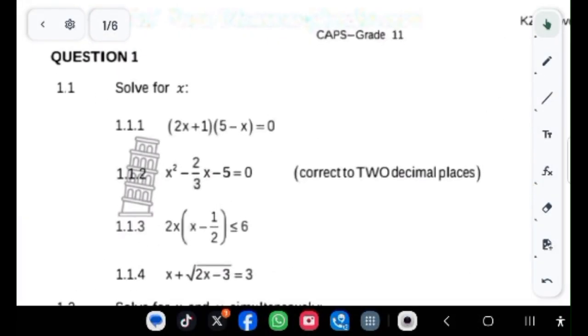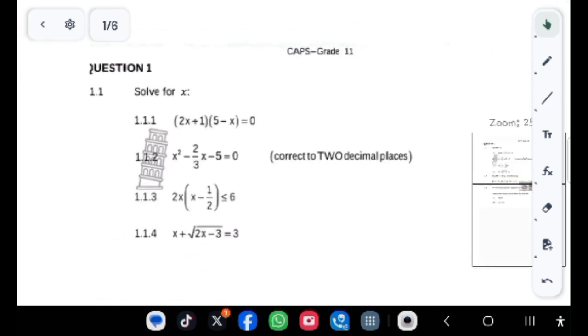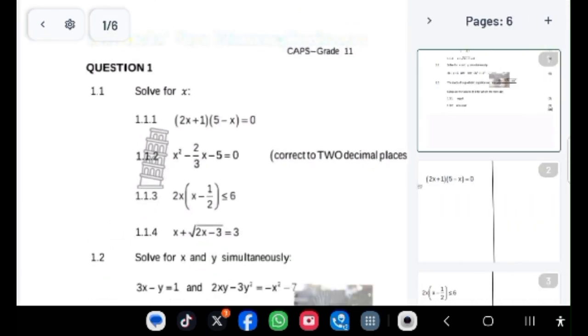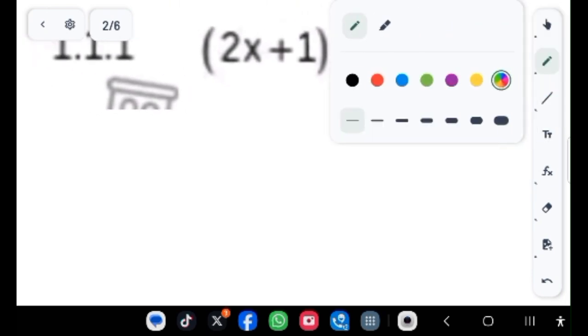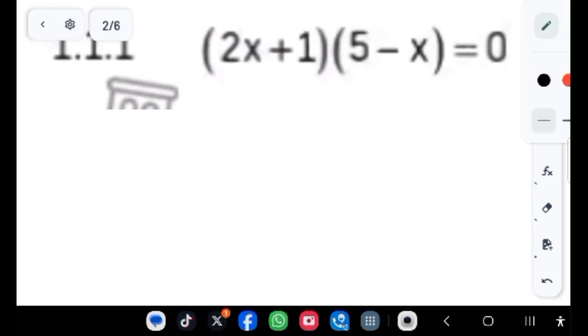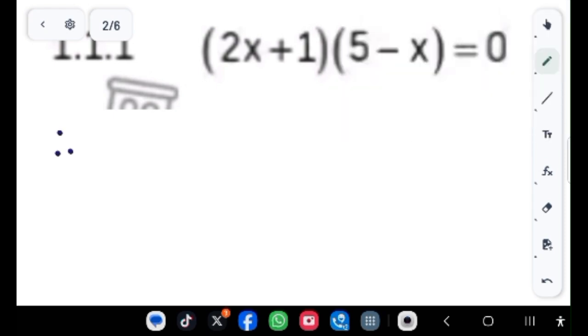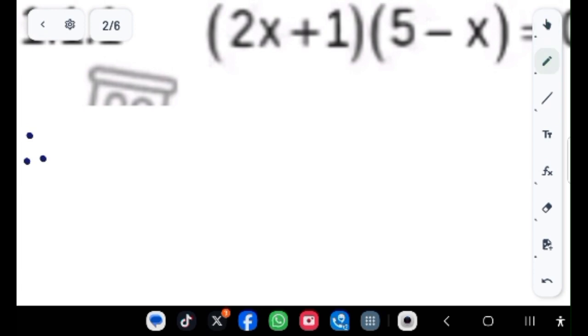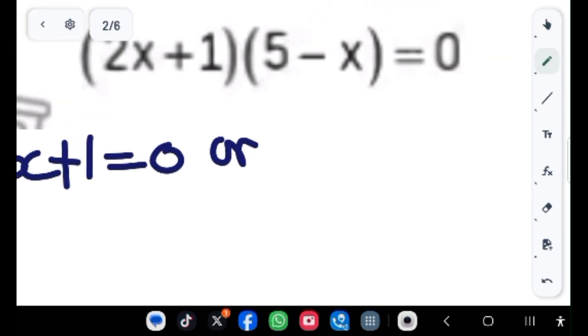Question 1 goes, solve for x, and this is a very standard, easy, normal equation. You've got it factorized, so it will be easy to now solve it. So all you do is you go therefore take the roots, 2x plus 1 equals 0, or 5 minus x equals 0.